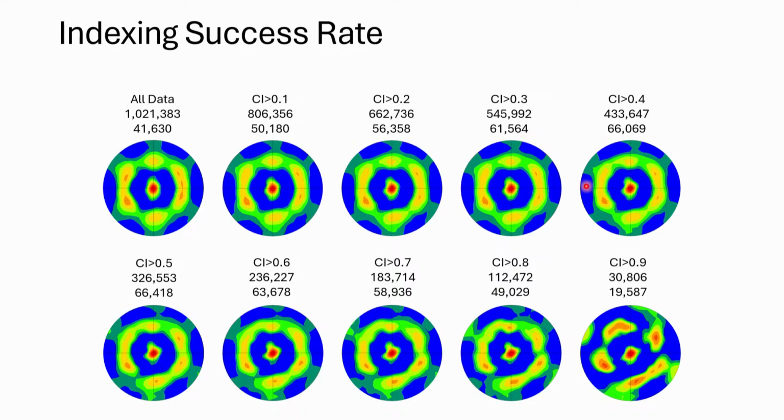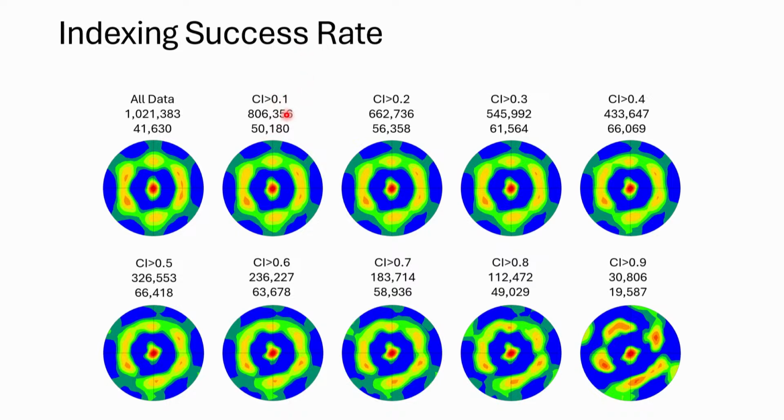Remember, I told you that if we're better than about 0.4, it's basically 100% accurate for indexing. So these are all going to be pretty similar. Probably even this, they're all pretty good data, so it really doesn't change much through here. But if we have a lot of bad data, then for sure we want to at least filter out 0.1.